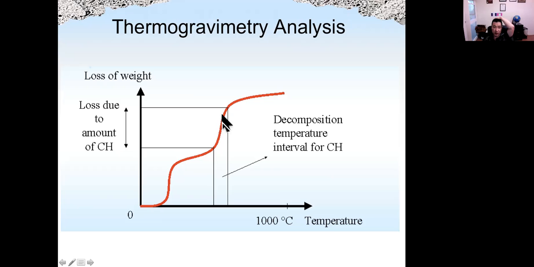Based on this information, we know probably this much of weight is coming from calcium hydroxide. Again, the idea of this analysis is very straightforward, but we need to know what type of materials there are before we do this analysis. So this is the thermogravimetric method. Sometimes we also call that the TGA method.